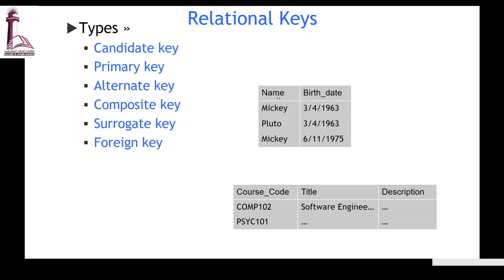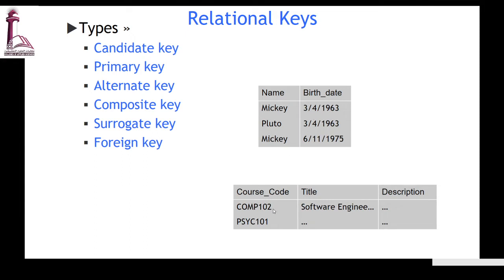So here no column is unique. We can't take name as a primary key, and also birth date as a primary key, because both of the columns are not unique.